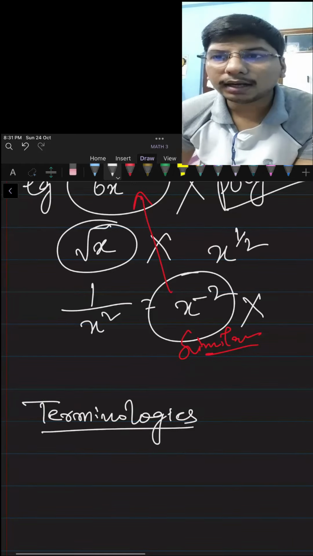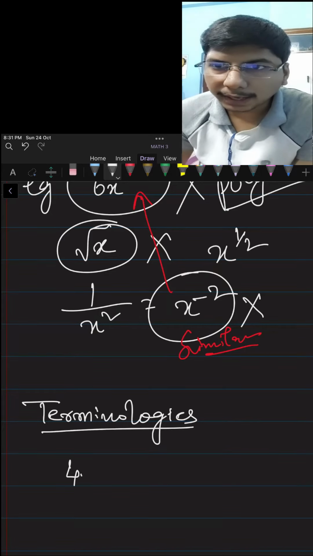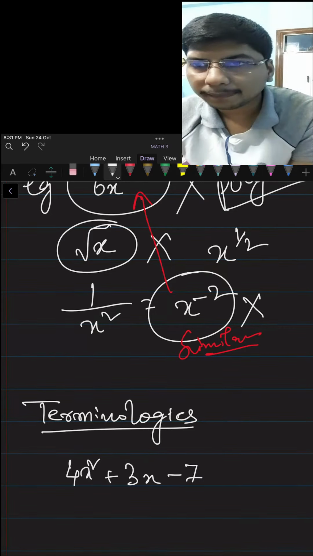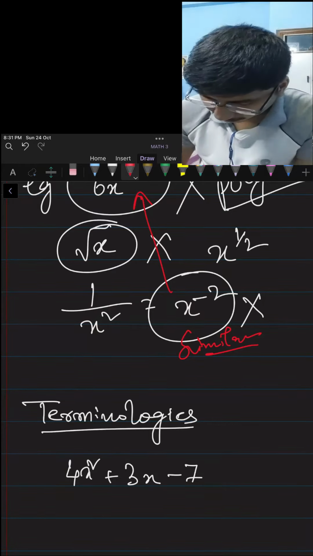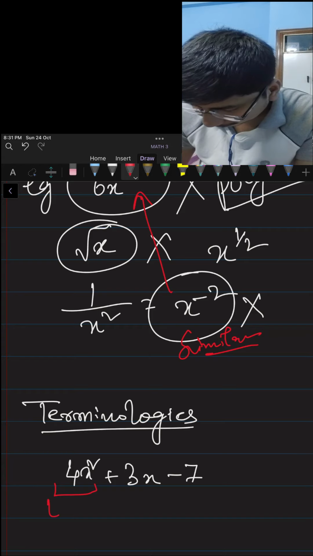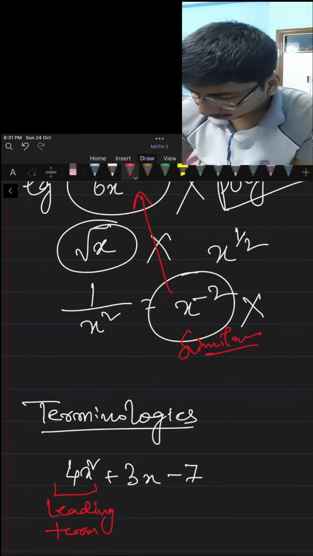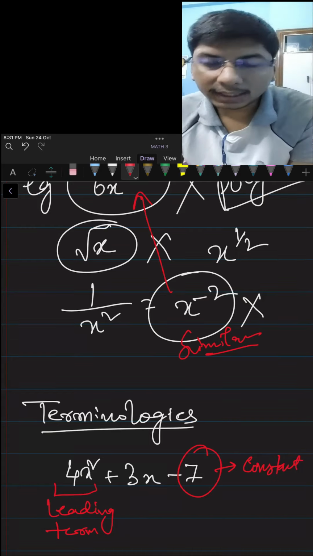So what are the terminologies of the polynomial? Let's take an example like 4x square plus 3x minus 7. Here this is the leading term, and this is the constant term. Why is it called constant?